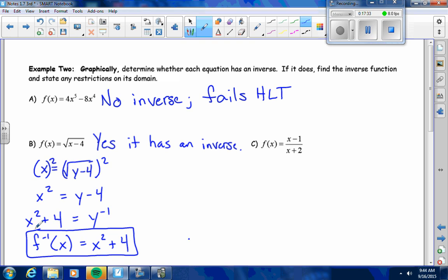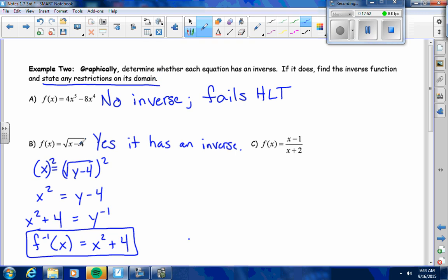No. Doesn't it give me extra? Gives me extra. I can't have the entire parabola as the inverse function, which is why we're going to have to restrict the domain.